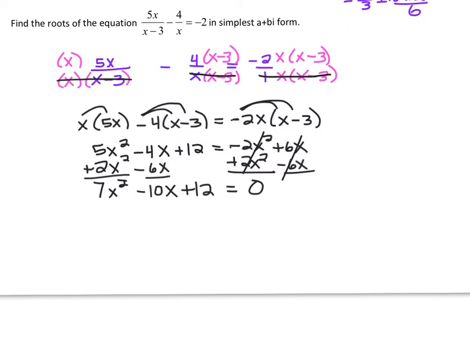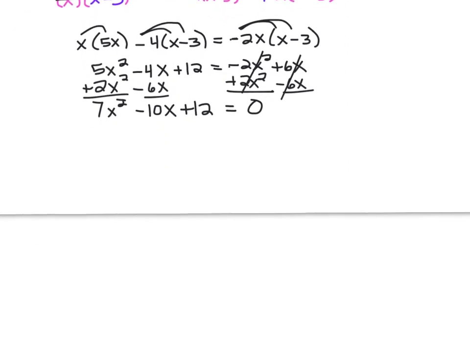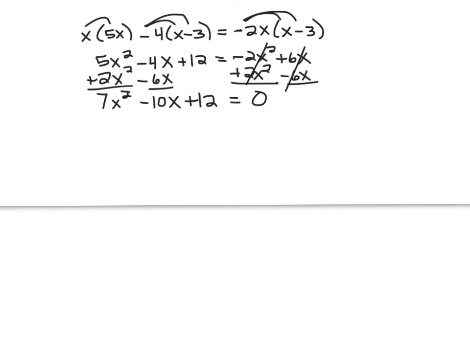All right, so now we know whenever you see this a plus bi form, it's cluing you into, I'm probably going to have to use the quadratic formula. So let's do that. With the quadratic formula, here I'll label these. A is 7, B is negative 10, and C is positive 12.